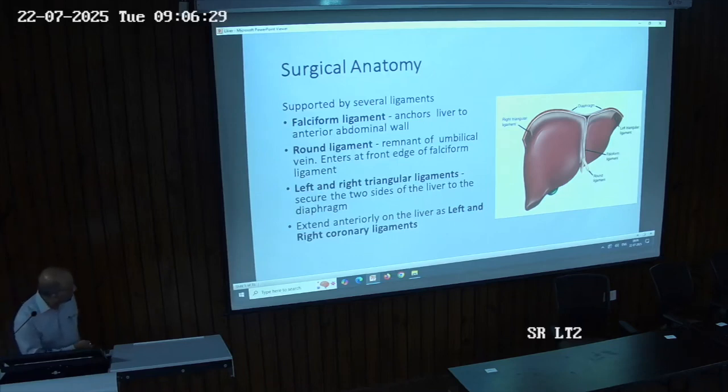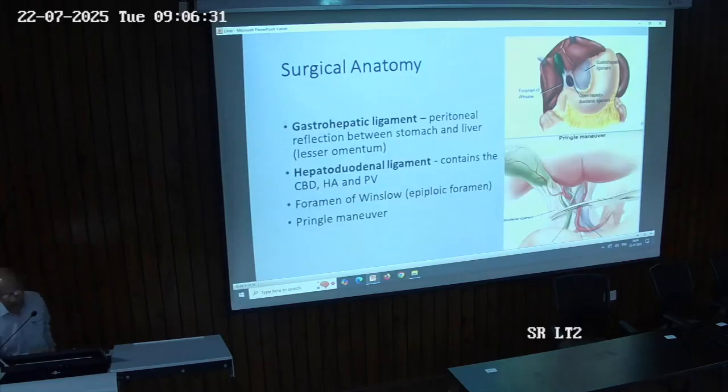So some more ligaments. The gastrohepatic ligament. Now this is important. This is the liver, this is the stomach, the lesser curvature and the duodenum here. So this is the gastrohepatic ligament. Normally it is very thin, also known as the lesser omentum.